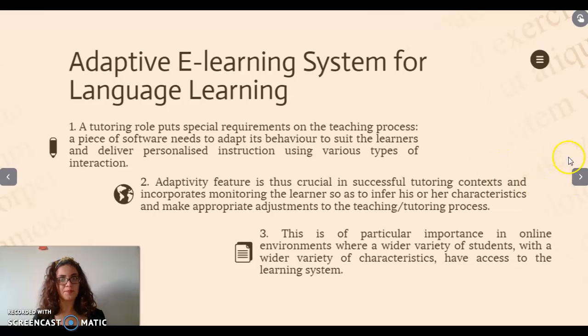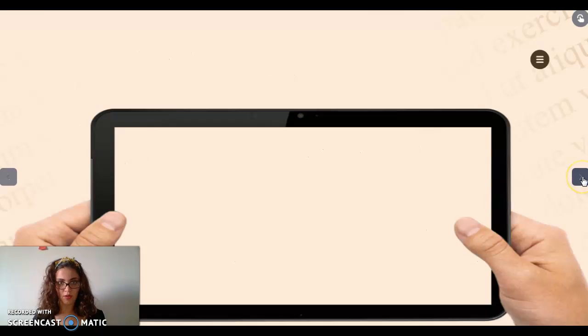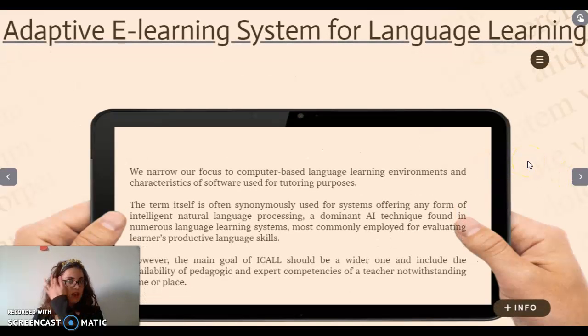This is the very small abstract, and it means computer-based language learning.